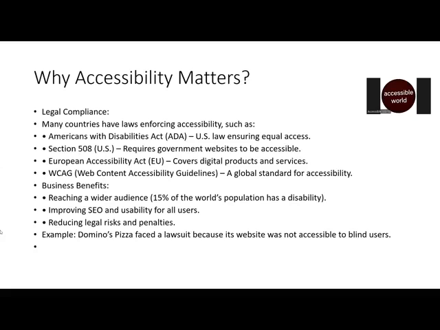Not only that, friends, mainly business. Just imagine if the website is not accessible, how many users will visit the website. For example, in India most people do shopping on Amazon and Flipkart. I'm talking mostly about persons with visual impairment, screen reader users. I will prefer Amazon and Flipkart.